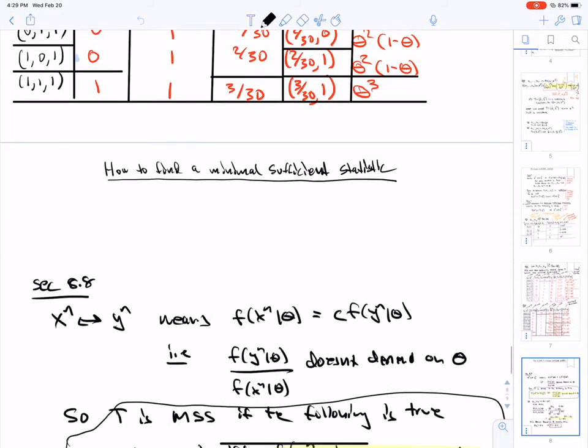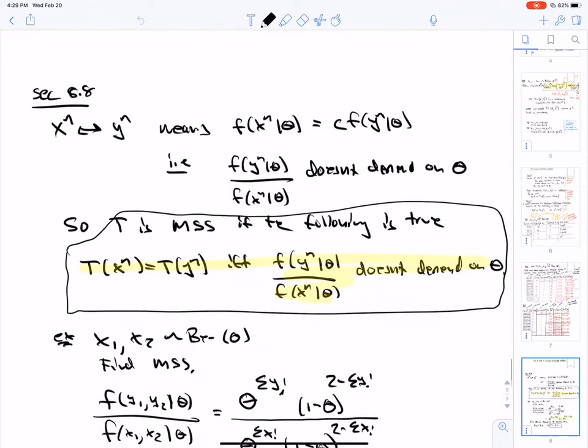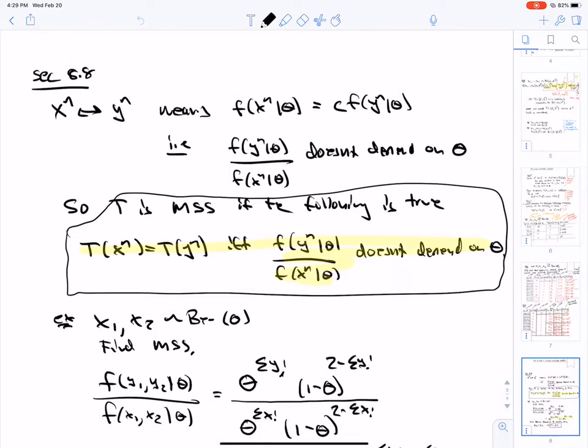So finally, how do you find a minimal sufficient statistic? The idea here is, if T is a minimal sufficient statistic, what does that mean? We said that means that equivalence under T is the same as equivalence under our likelihood partition.